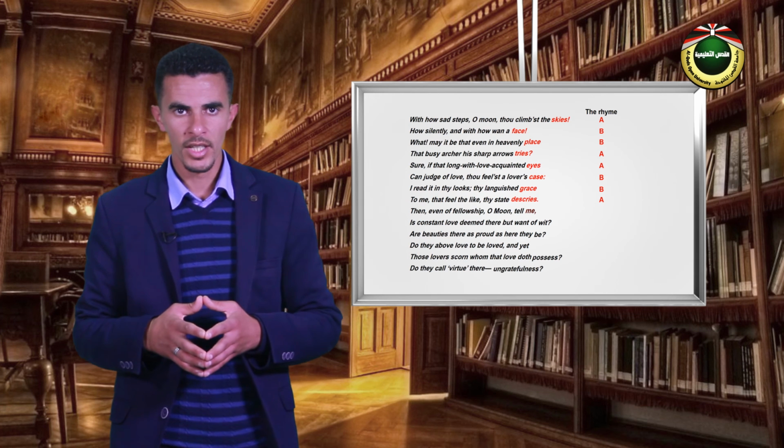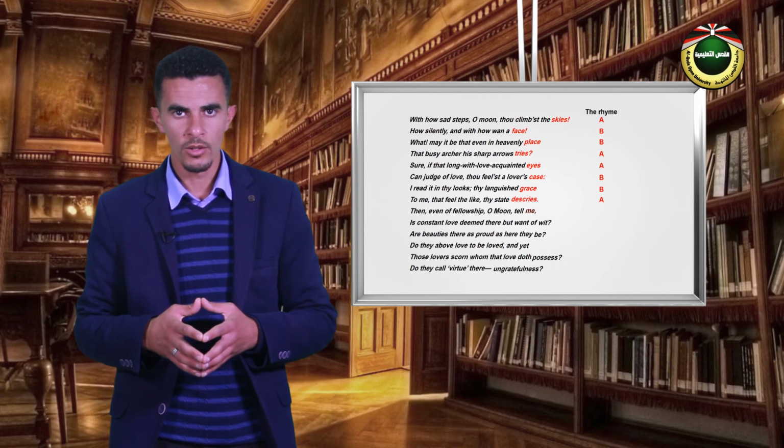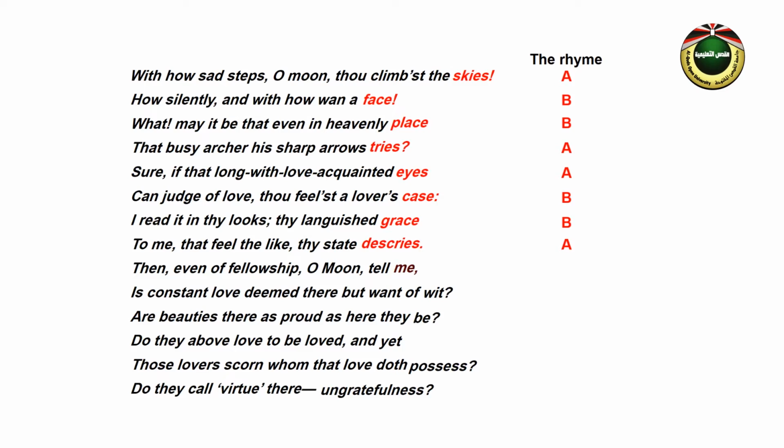The eighth line ends with "descries," which rhymes with "skies," so it is given the A. The ninth line ends with "me."